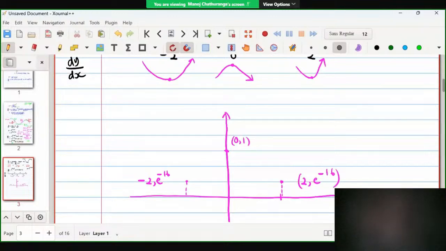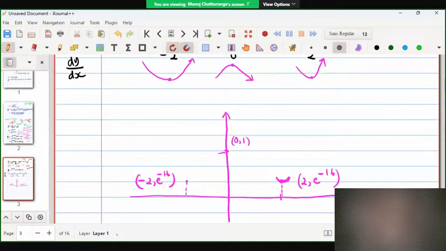You see, at 2 and negative 2, we have the same value. That's again a consequence of evenness of the function, and the function is symmetric with respect to the y-axis. At 2, the function looks something like this. At 0, the function looks something like this. At 1, the function looks something like this. Now you need to slowly combine those three behaviors.